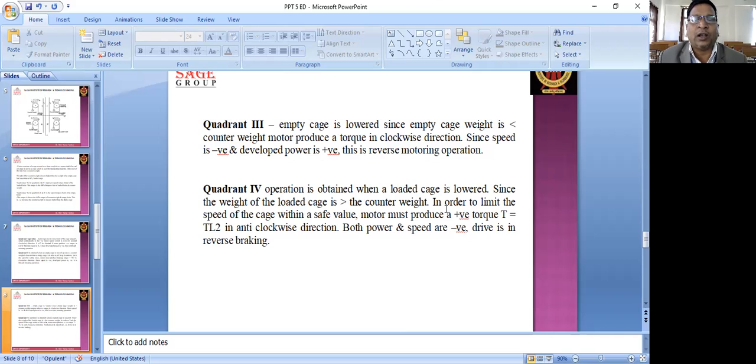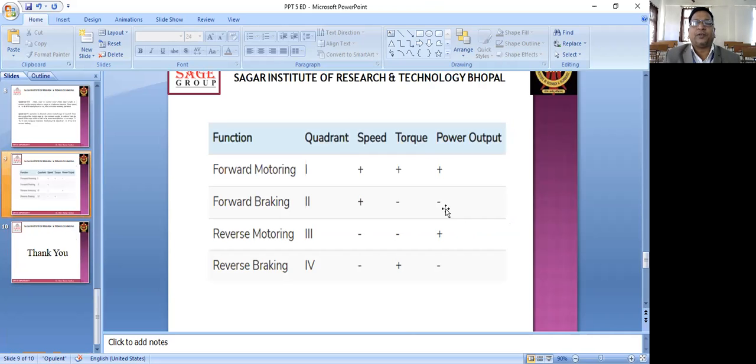Fourth quadrant operation is obtained when the loaded case is lowered, since the weight of the loaded case is greater than the counterweight, in order to limit the speed of the case within a safe value. The motor must produce positive torque, T equal to TL1, in the anticlockwise direction. Both power and speed are negative, so the drive is in reverse braking operation.